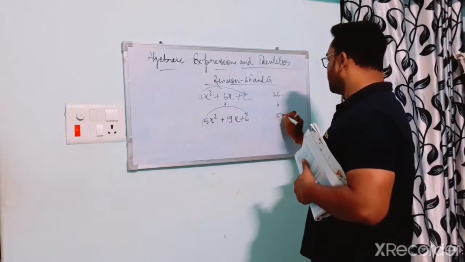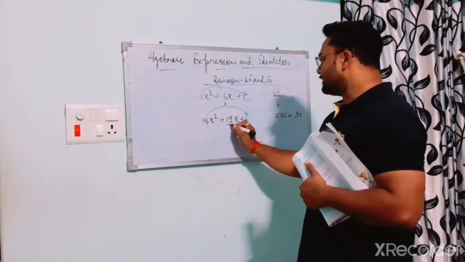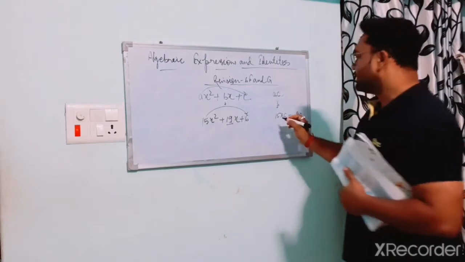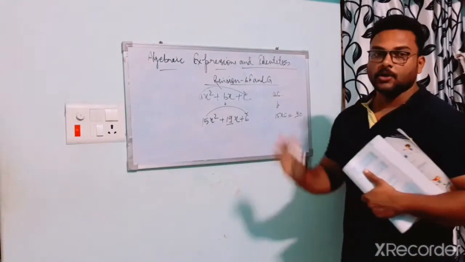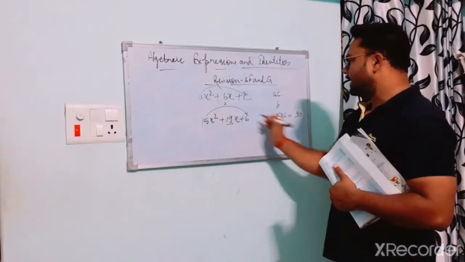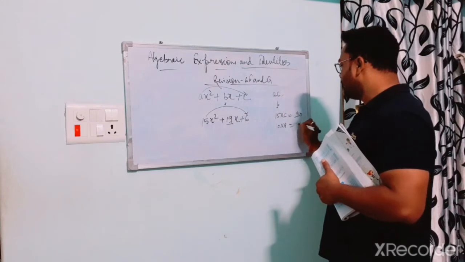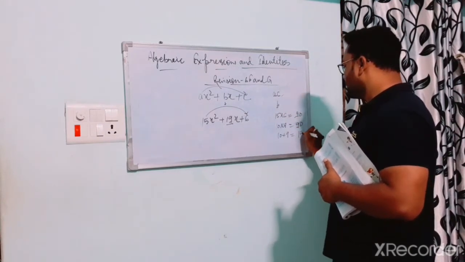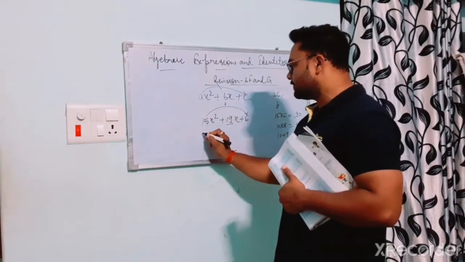So 15 into 6, what have you got? 90. And this middle term 19 we have to split in such a way that their sum is equal to 19 and their product is equal to 90. Clearly you can see 10 into 9 gives 90 and 10 plus 9 gives 19. So we have to split it into 10x and 9x.